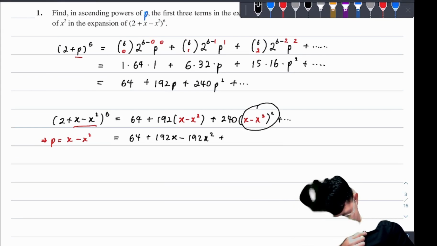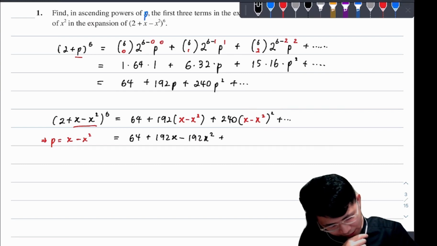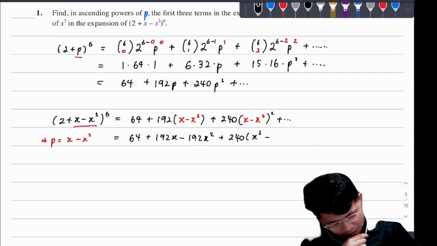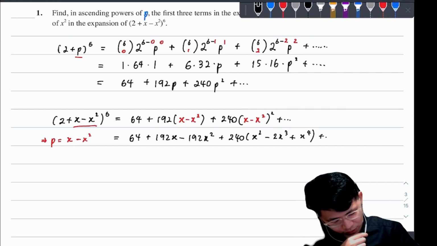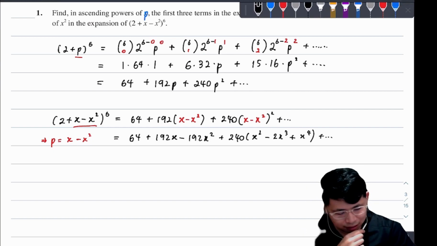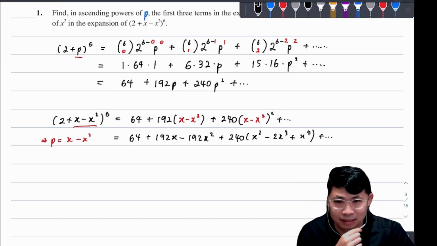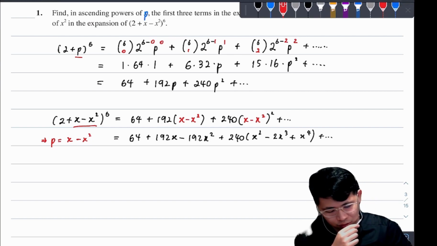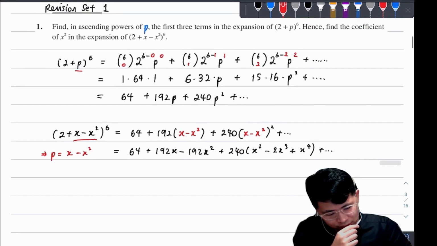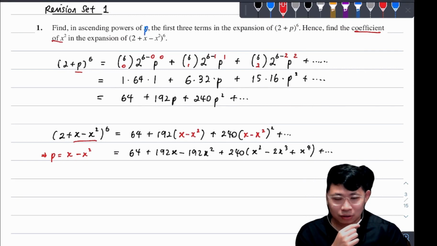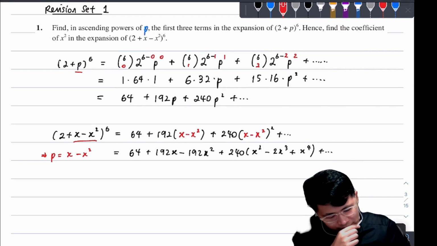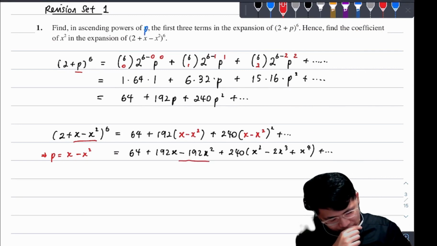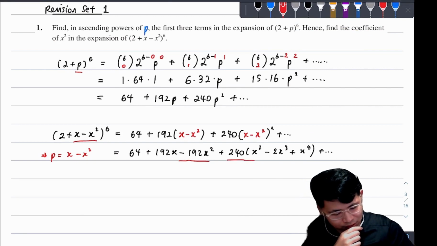Now this one, let us do the square: 240 times (x squared minus 2x cubed plus x power 4). Then you can expand and simplify, but I think we just cut to the chase. We are going to look for the coefficient of x squared. The x squared term is actually over here.